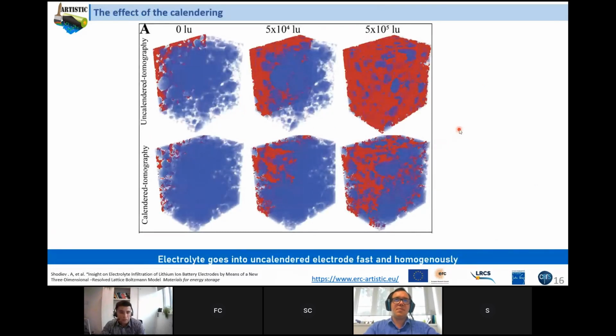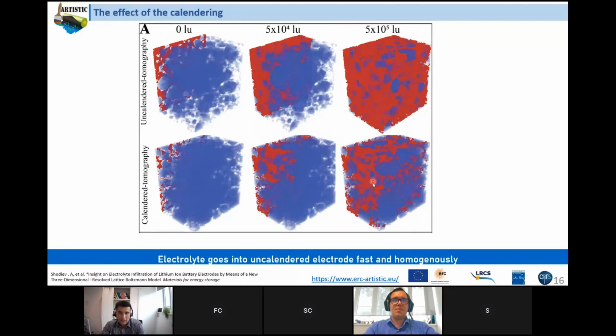So these are snapshots of several time steps in the electrolyte infiltration step. On the top, uncalendared, and here calendared electrodes. You can see here the electrolyte is penetrating homogeneously. On the other side, for the calendared one, it's entering inhomogeneously.